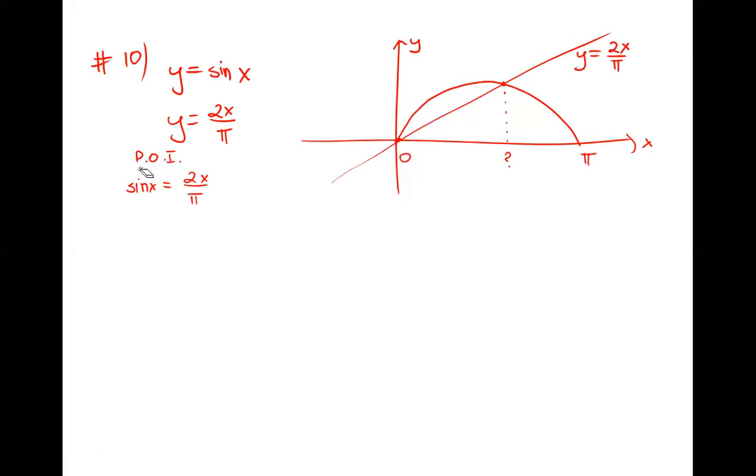That means for what values of x both of the sides will be the same, okay? If I put sine of pi over 2, substituting pi over 2, we're getting 1 equals 1. That means x is pi over 2, okay?